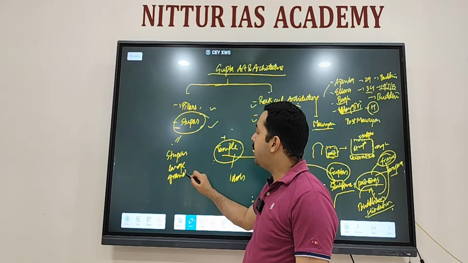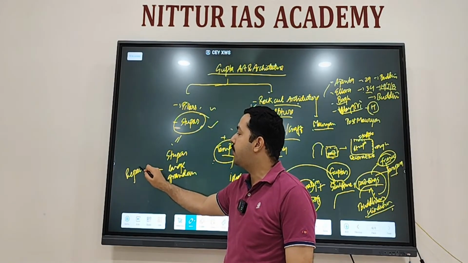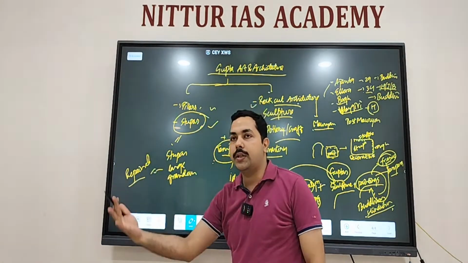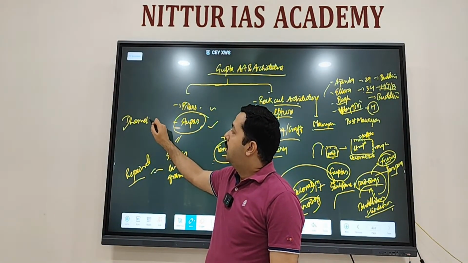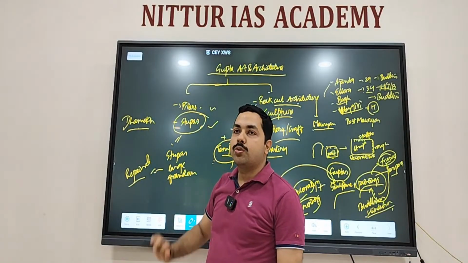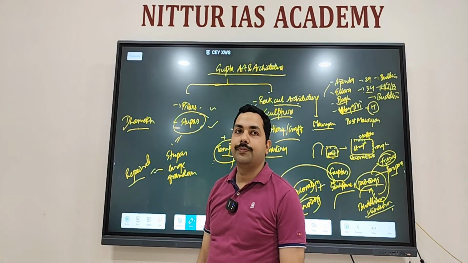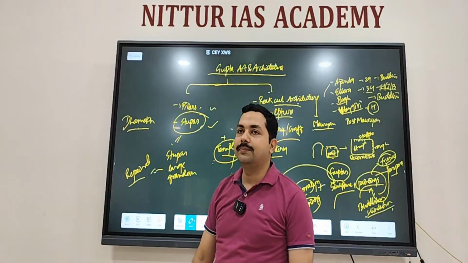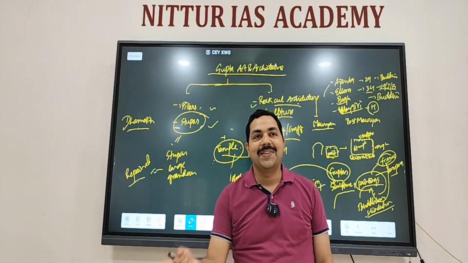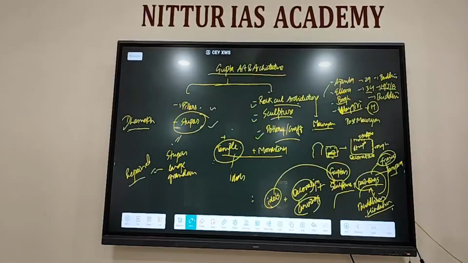And they repaired many stupas of which period? Of the older period. Remember, we discussed one of the stupas, the Dhamek stupa. Where was the Dhamek stupa? Go back to the Mauryans and see where we discussed the Dhamek stupa.